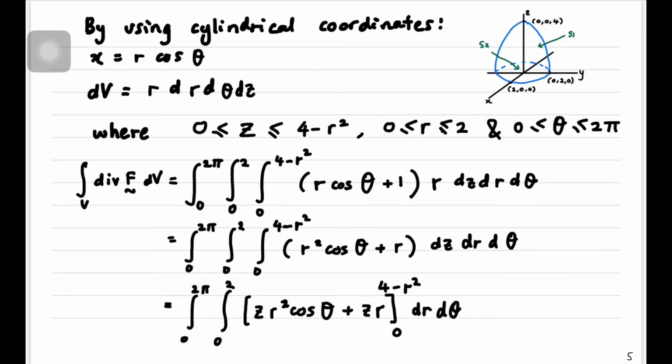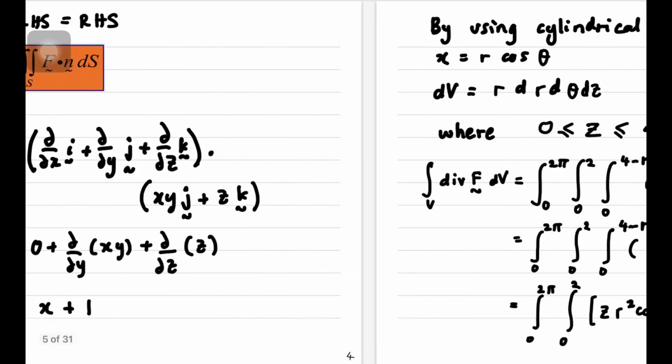You have to use the cylindrical coordinates for the paraboloid. So x is equal to r cos theta, and dV is equal to r dr d theta dz. z is from 0 to 4 - r². Why 4 - r²?